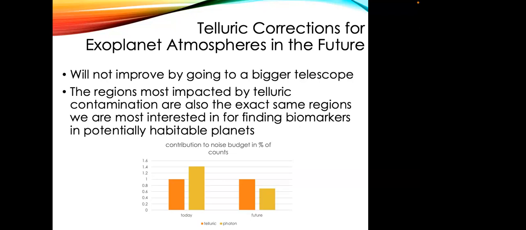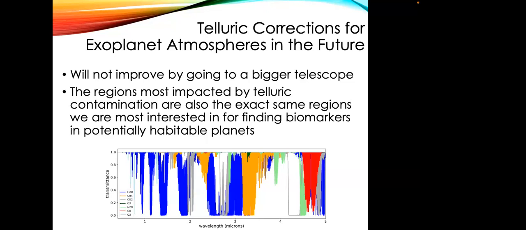And this is especially annoying because if we want to have a chance of detecting biosignatures, looking at an Earth twin with a ground-based telescope, we're going to be looking for lines that are deepest in the regions with the most telluric contamination. So telluric correction is going to become extra important in the future, especially for potential biomarkers.